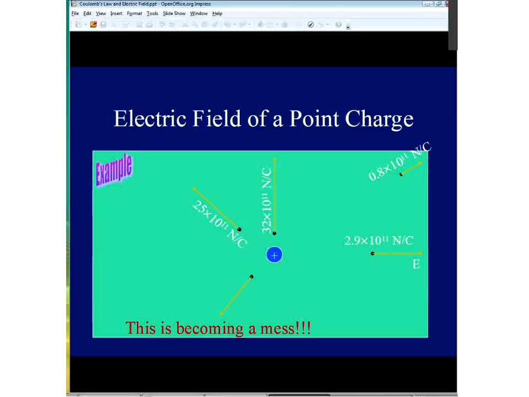The moment charges start moving, another thing happens, and that's where another type of electric field can come into effect, for which it can be a closed line, like a magnetic field line.